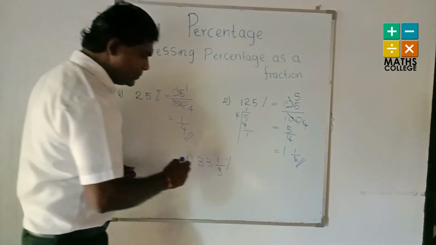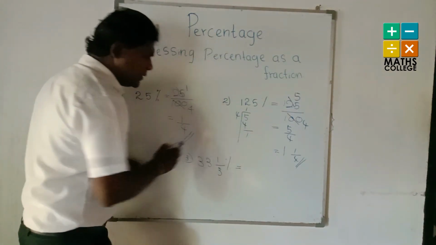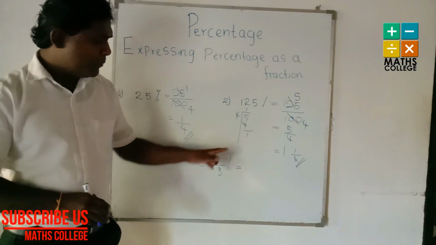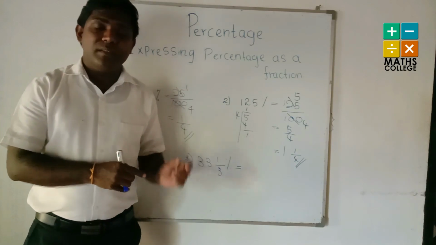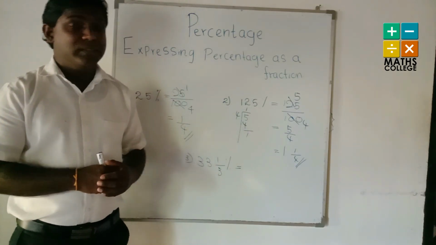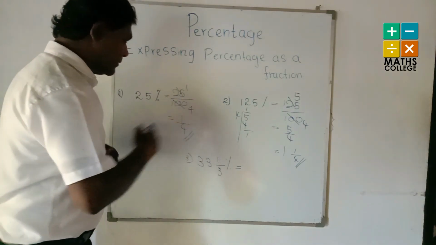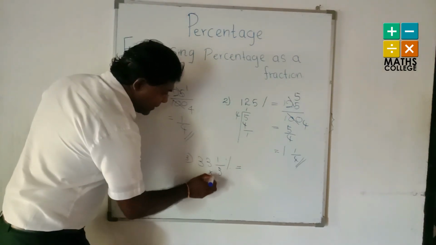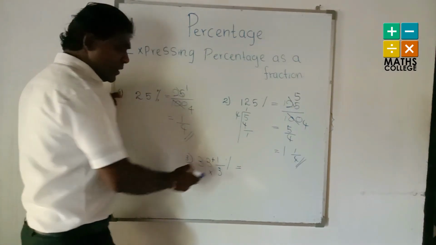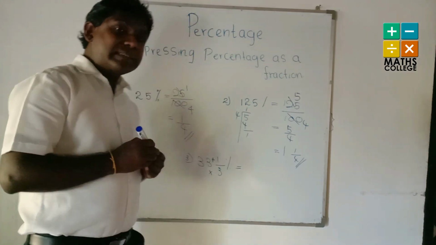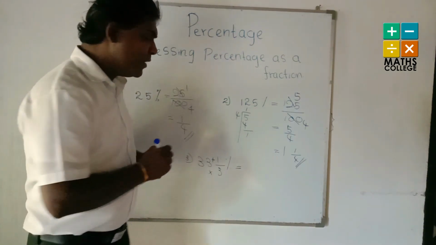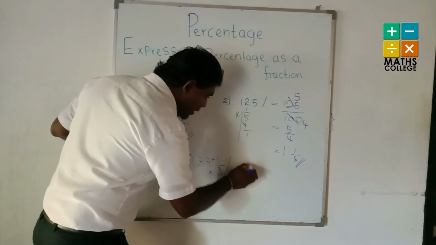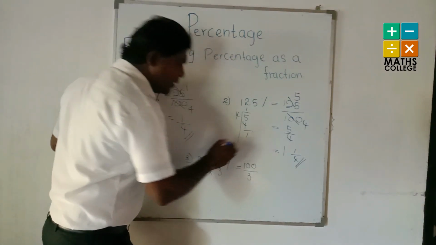Next one, before applying upon 100, this is a mixed number. We can convert this mixed number to an improper fraction. 3 multiply 33 addition 1. 3 multiply 33 is 99. 99 addition 1, 100 upon 3.